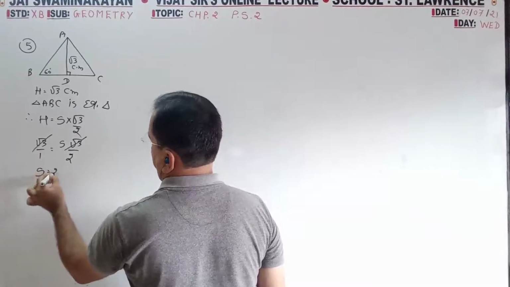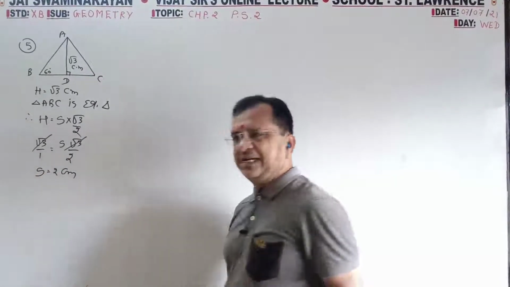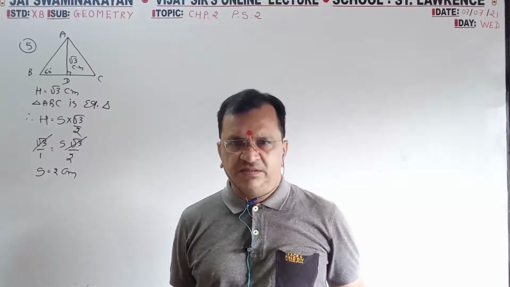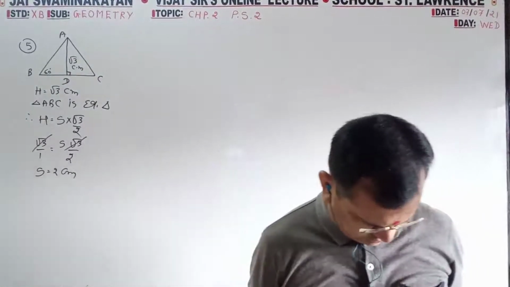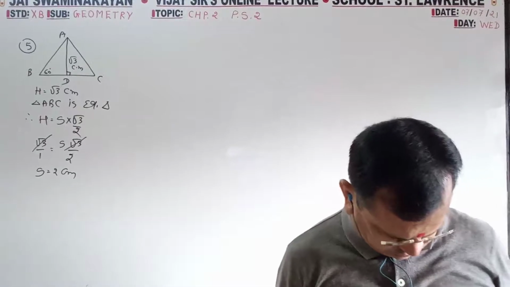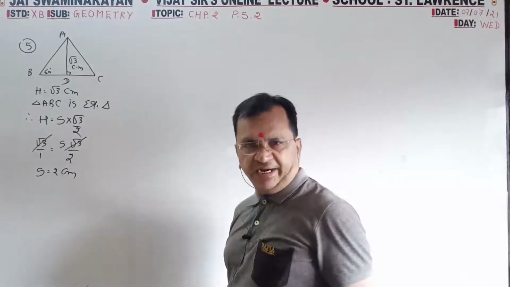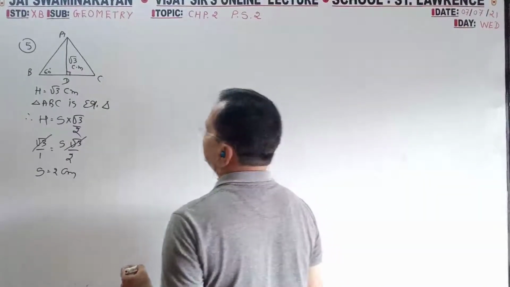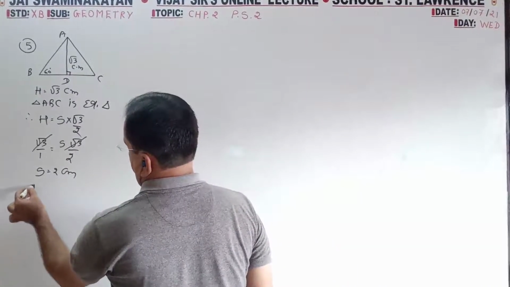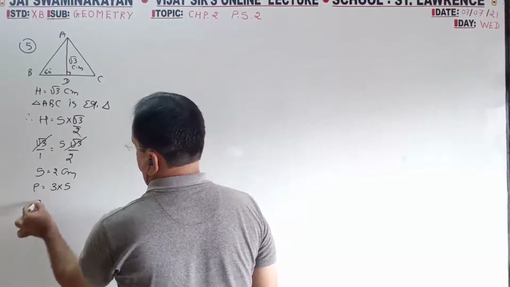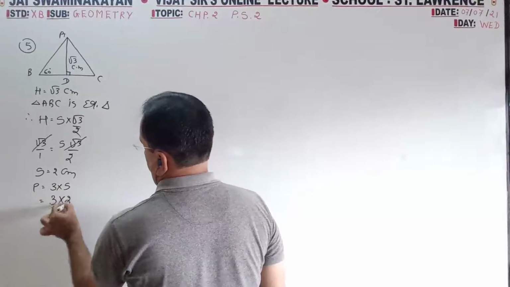So s is equal to 2 centimeter. From the height formula we got this side, and from side we will get perimeter. Perimeter is equal to 3 into side, 3 into 2.